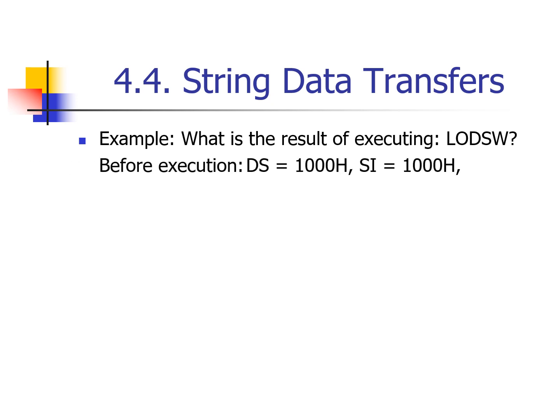If LODSW, so you are moving word by word. This is your DS and this is your SI. So now your source location is determined. Multiply DS by 10, add to it SI. You go to a memory location.